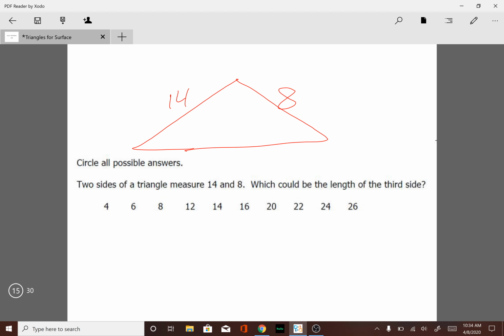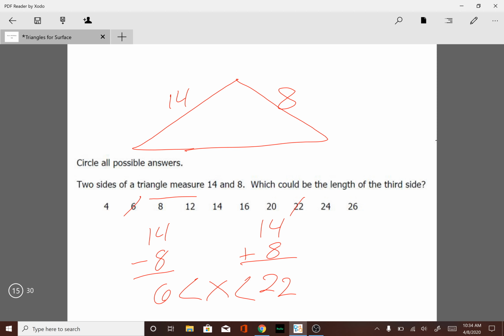So we got 14. We got 8. Well, if we subtract those, we've got 6. If we add them together, that'll give us 22. So anything between 6 and 22, so that means we got 8 all the way to 20, because remember, it can't be 6 or 22, and anything above or below that.